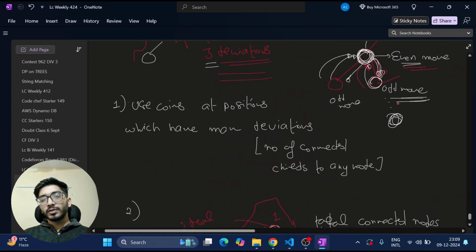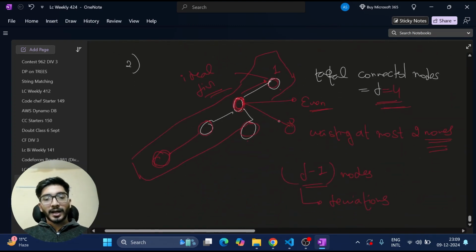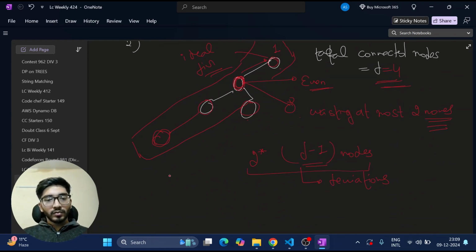How at most 2 moves? That I'm gonna go to that node and will come back again at my original position. So these are the total number of moves that will be added for any node that I cannot neglect.